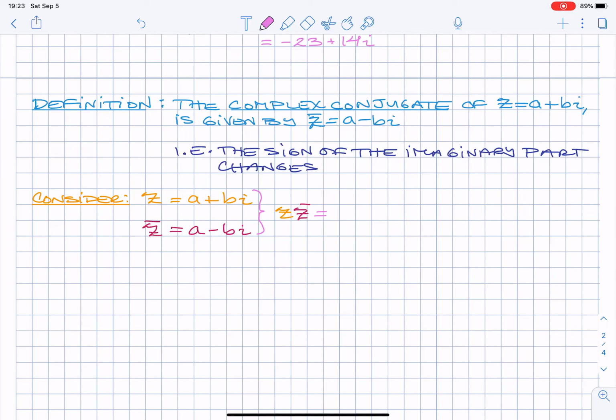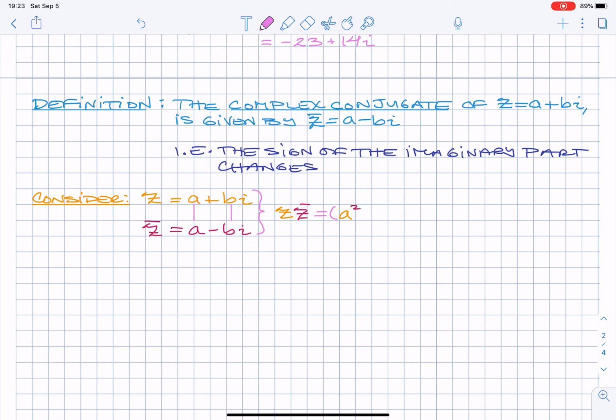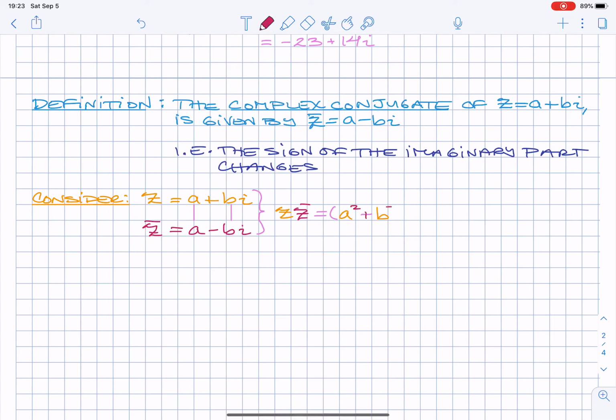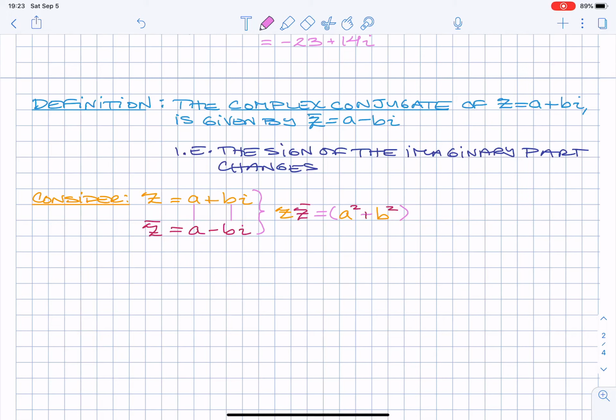Okay, well, first we're going to do the negatives, right? So that means these look like negative signs. So we're going to do a times a. So do you agree that that's a squared? A squared. Then we're going to do minus b times negative b. Well, b times negative b is going to be minus a negative plus b squared, right? Two negatives make a positive, and there's no parentheses there.